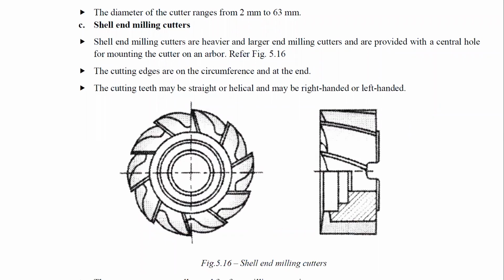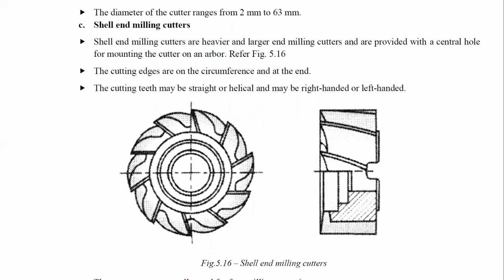Shell end milling cutters are heavier and larger end milling cutters provided with a center hole for mounting the cutter on an arbor. Cutting edges are on the circumference and at the end position.